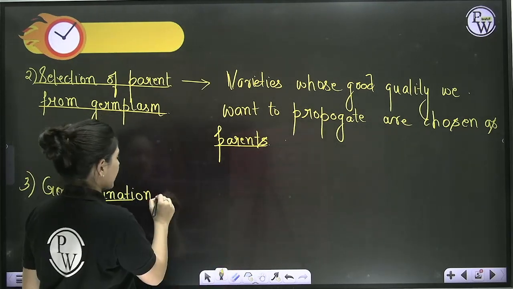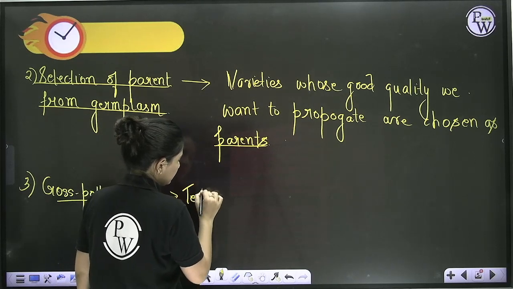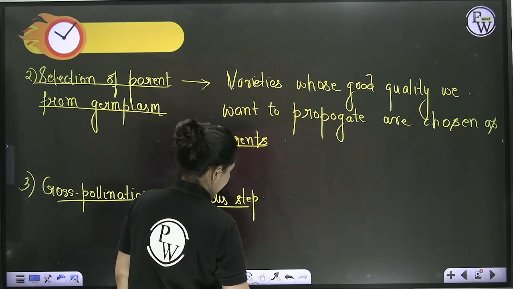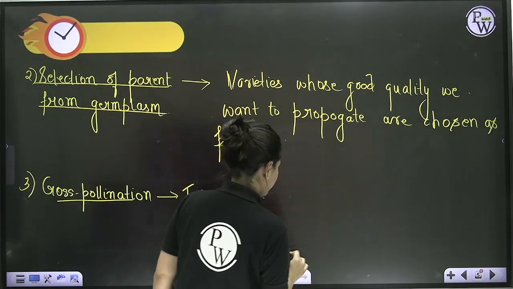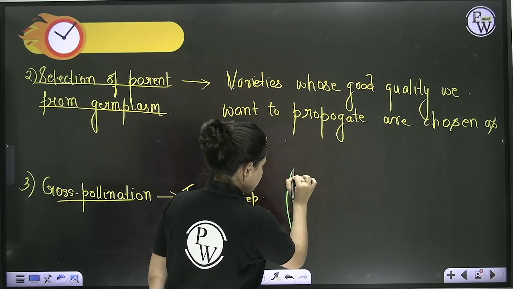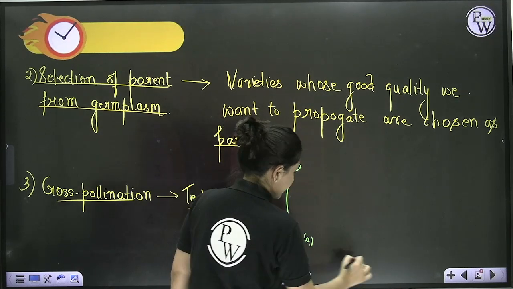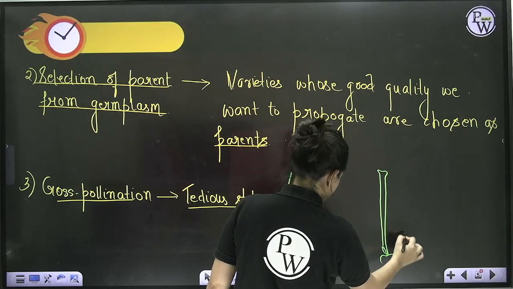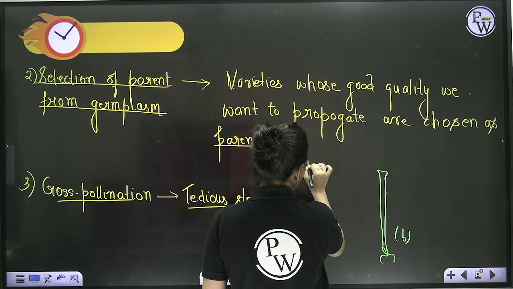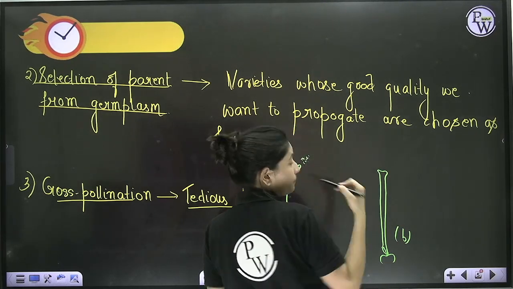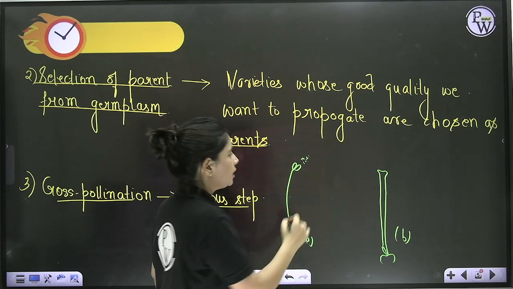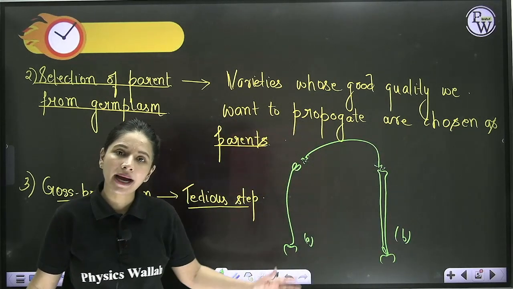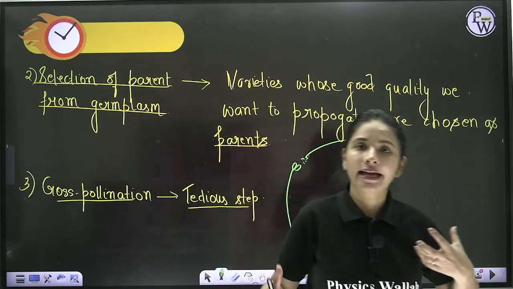It takes a lot of efforts where one of the good varieties is going to be considered as the male plant and the second good variety plant is going to be considered as the female plant. Now the pollen grains from the desired anther will be made to dust on the desired stigma, followed by fertilization and then obtaining seeds.